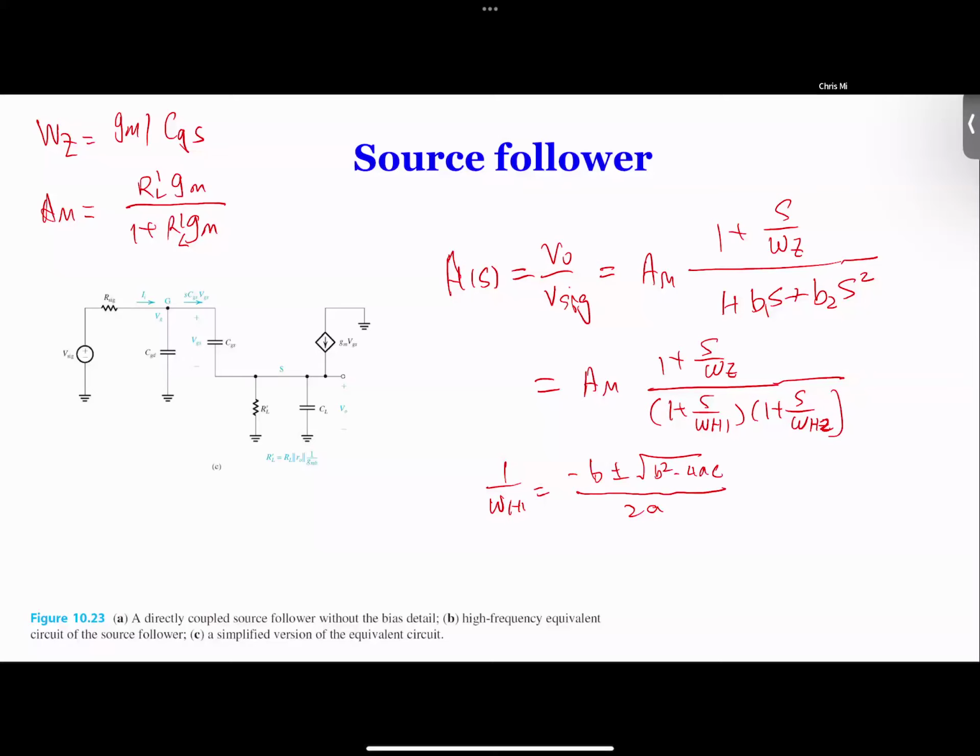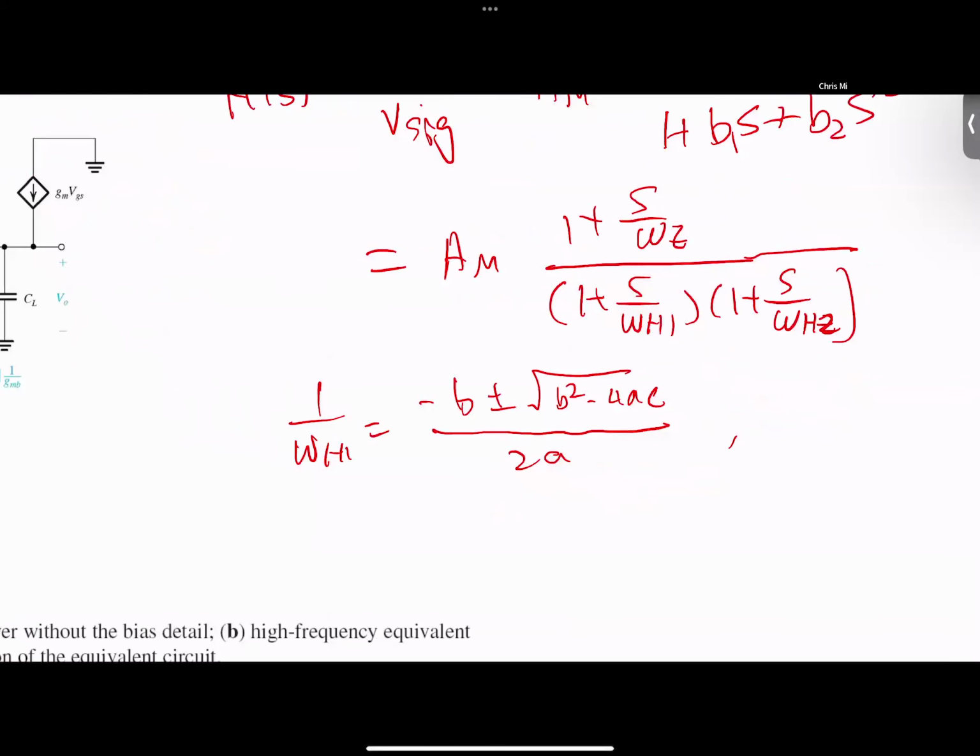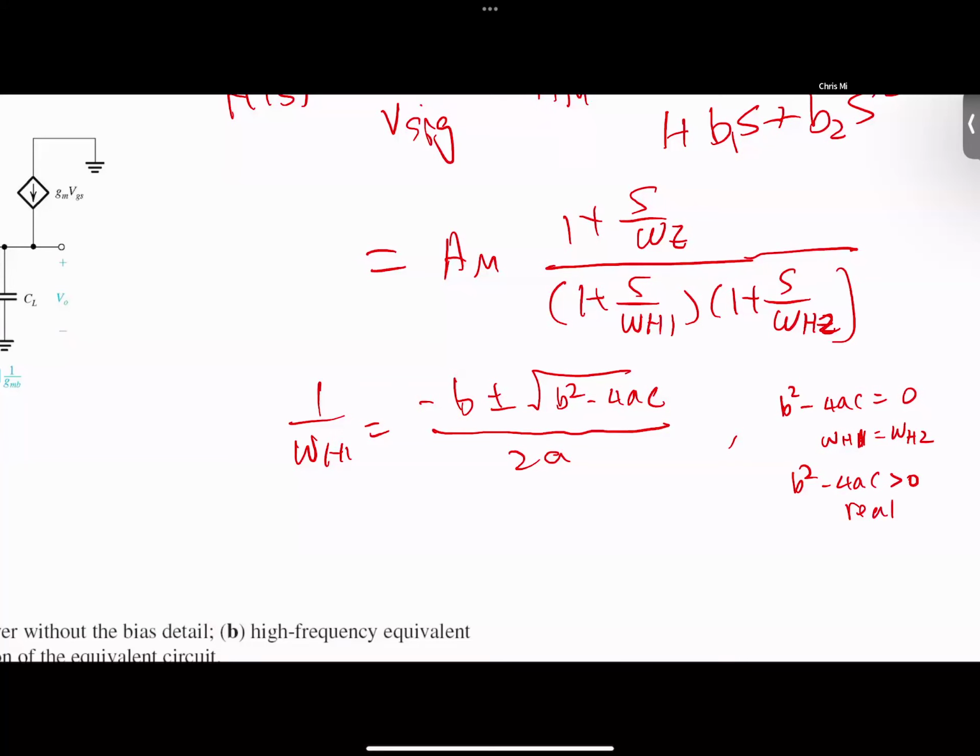In this case, a is B2, b is B1, and c is 1. If b squared minus 4ac equals 0, you have omega H1 equal to omega H2. But if b squared minus 4ac is larger than 0, you have two real poles.